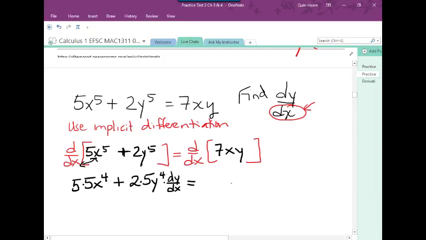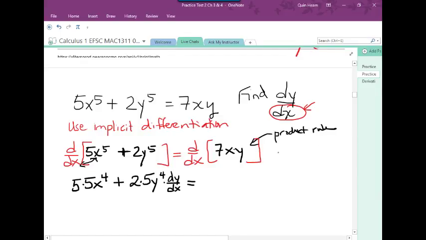And then on the right, what operation do you see there? This is multiplication, right? It's not addition. So we can't just differentiate 7x and differentiate y and multiply them together. That doesn't work that way. We have to use the product rule.